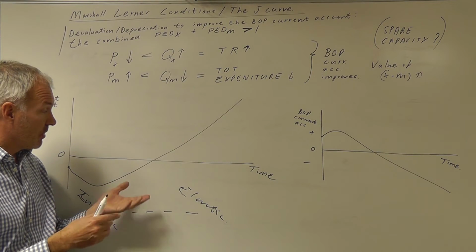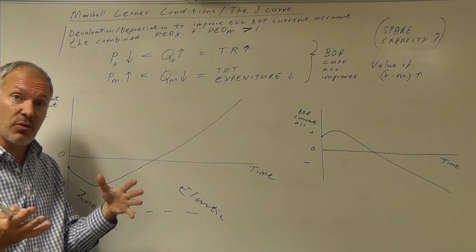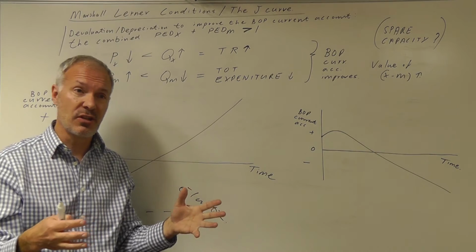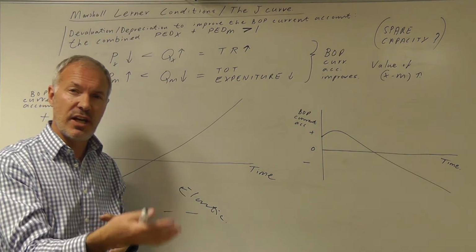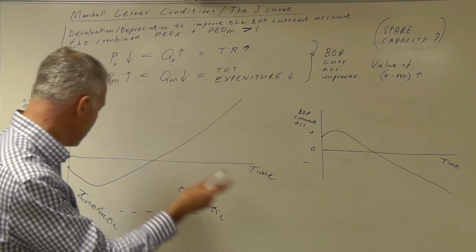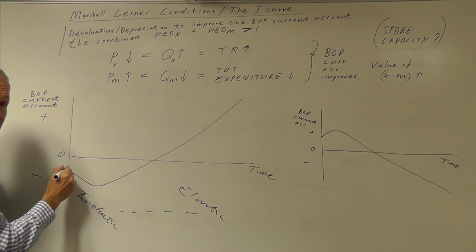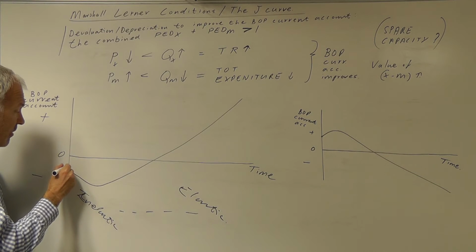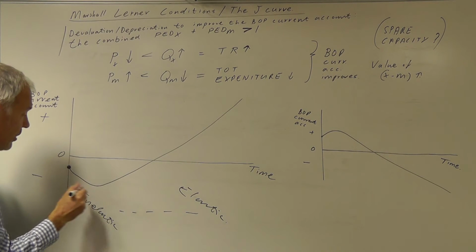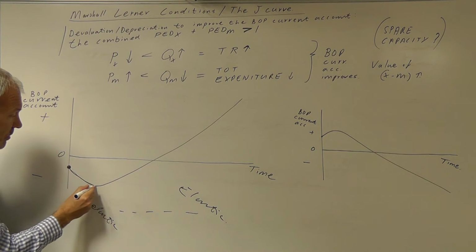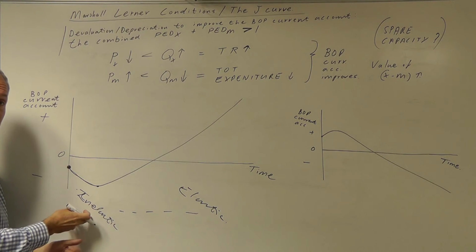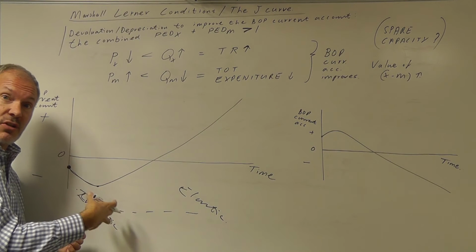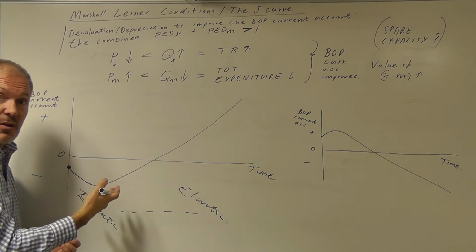Another reason is obviously a lot of imports and exports are based on contracts, and when the exchange rate suddenly changes, it takes time to change those contracts. So to start off with, guess what? The balance of payments current account, as I illustrated at the start, will actually worsen, contrary to what you might expect, because the PED is inelastic and the quantities aren't changing, although the prices are.